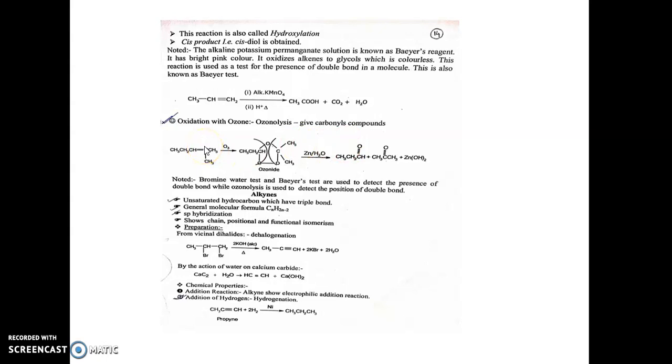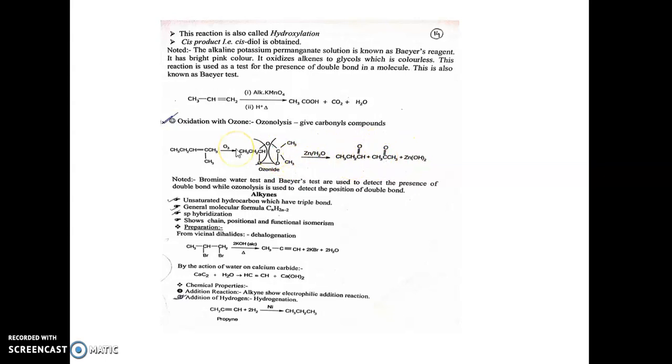So what is the ozonolysis reaction? When any alkene reacts with ozone, the first intermediate formed is called the ozonide intermediate, or molozonide intermediate, and if you make the bond breaking in this way, then this part will make an aldehyde and this part will make a ketone. Since it is CH3CH2CH, the compound will be CH3CH2CHO, and this part is CH3C=O CH3.